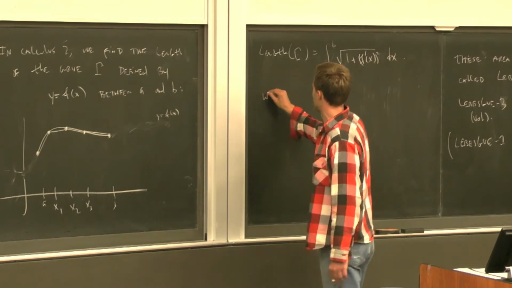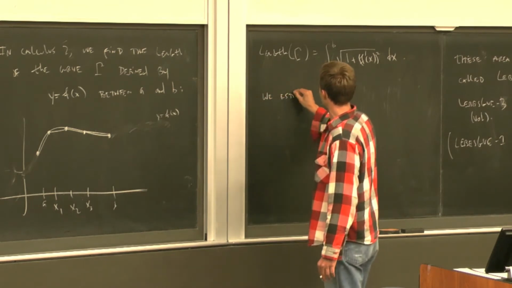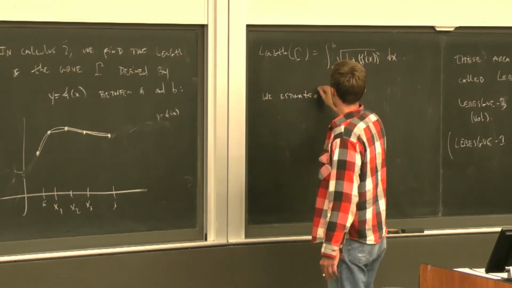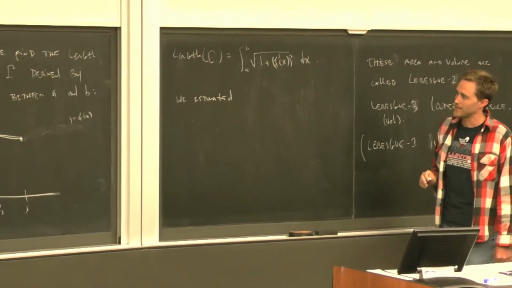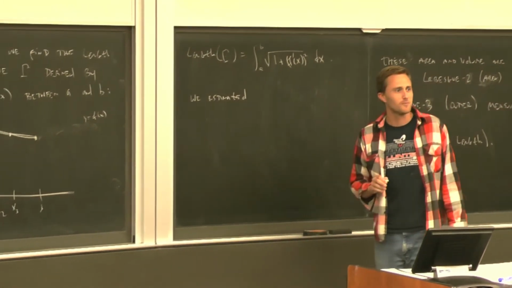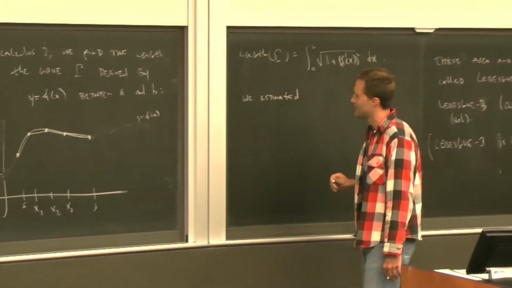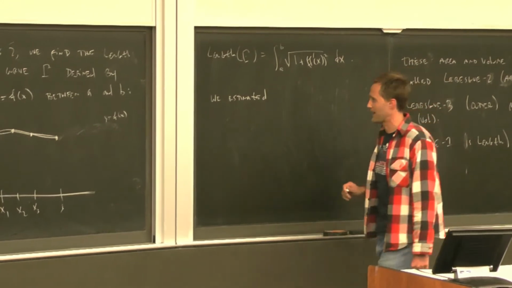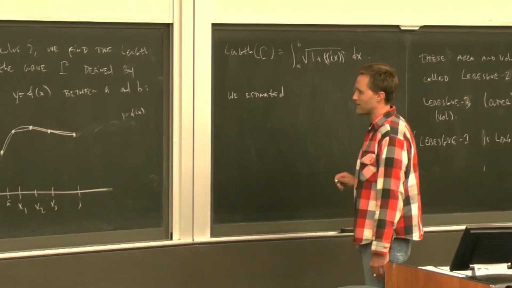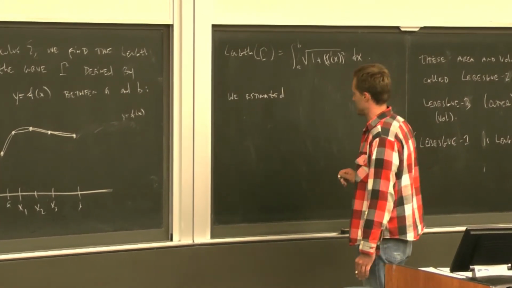So we estimated. Again, all we know are lengths of lines and areas of rectangles and volumes of cubes. That's all we've been using so far. And I think we always take it for granted when we do that in math. Nobody ever asked the question, why is the area of a rectangle this?